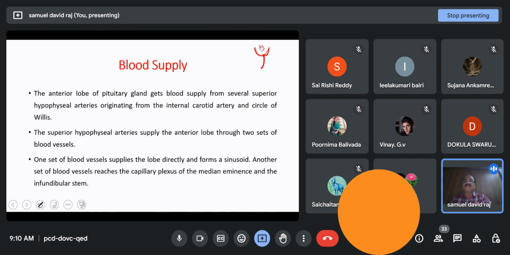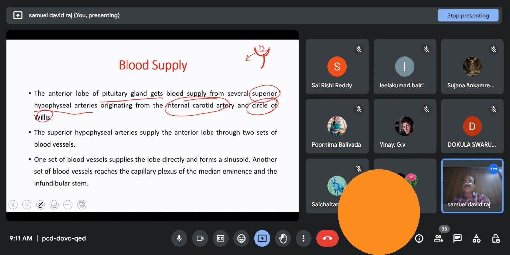The anterior lobe of the pituitary gland gets blood supply from several superior hypophyseal arteries which originate from the internal carotid artery and circle of Willis. The internal carotid artery is again divided into sub branches that are connected by a circle of Willis.